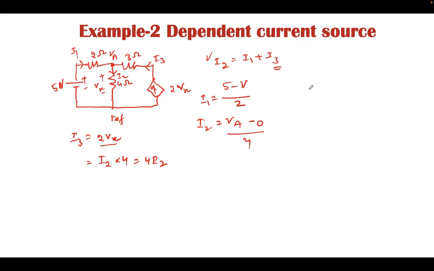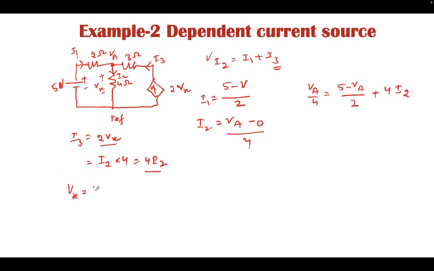The value Vx is just equivalent to Va. This is nothing but the voltage in this path, it is Vx.